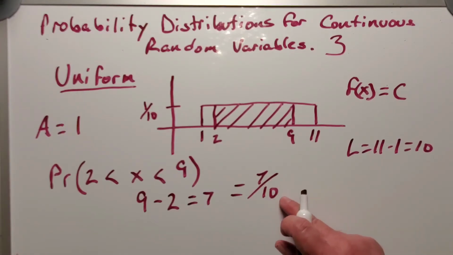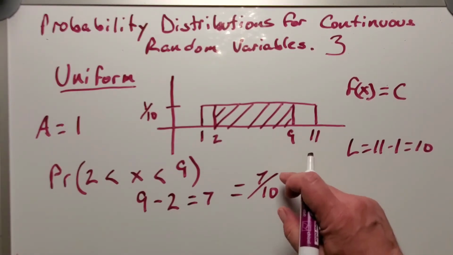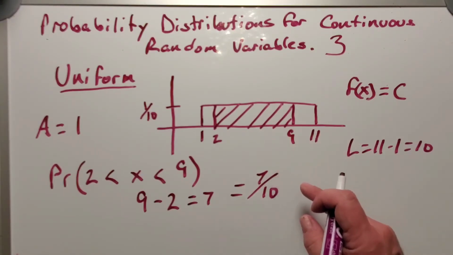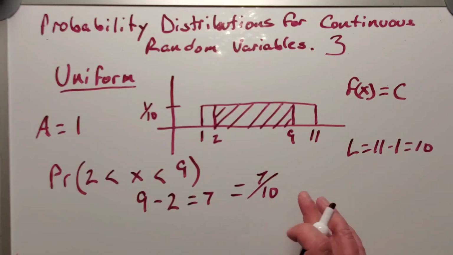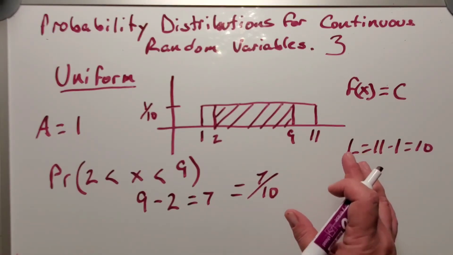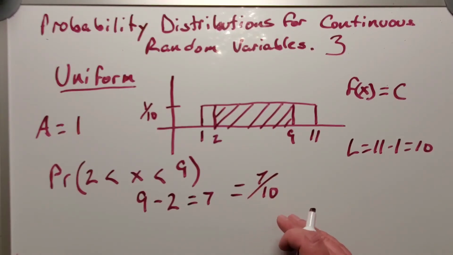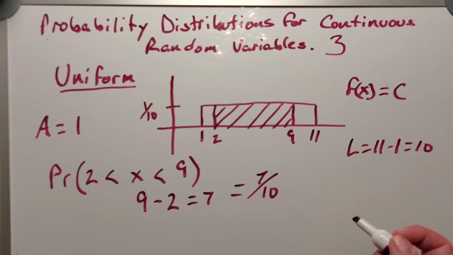So I put the sample space on the bottom, I put the set of events that we're investigating on the top, and I get 7 out of 10. Now, you don't need to think about it in exactly those terms. You can just think about it as a proportion question, and that's just fine. Our answer is 7/10.